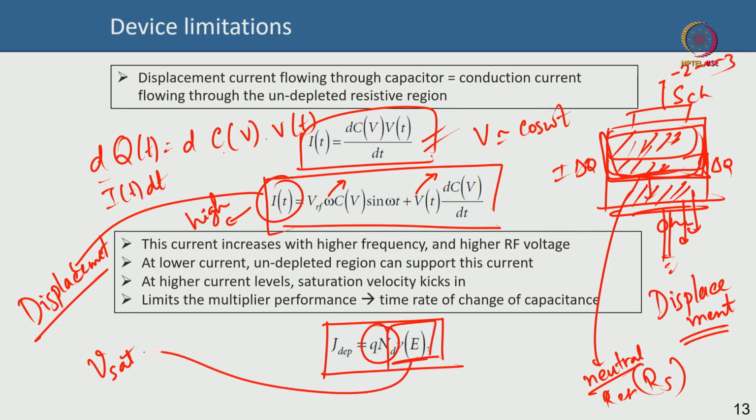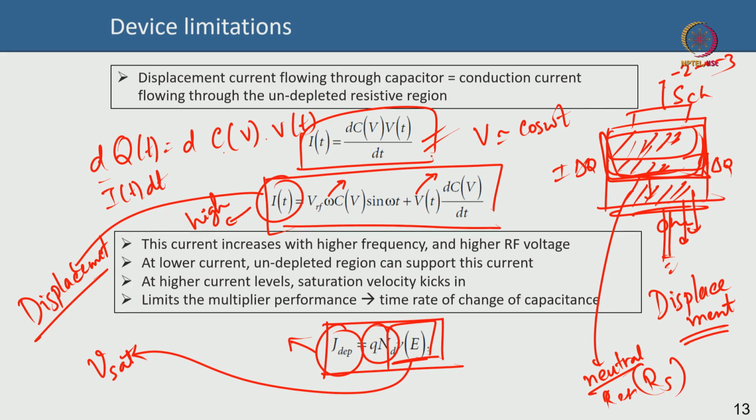If the velocity has reached saturation velocity because of the high field, then you can no longer accelerate the electrons any further, which means the current in the undepleted resistive region cannot increase beyond this quantity. This will limit the multiplier performance.